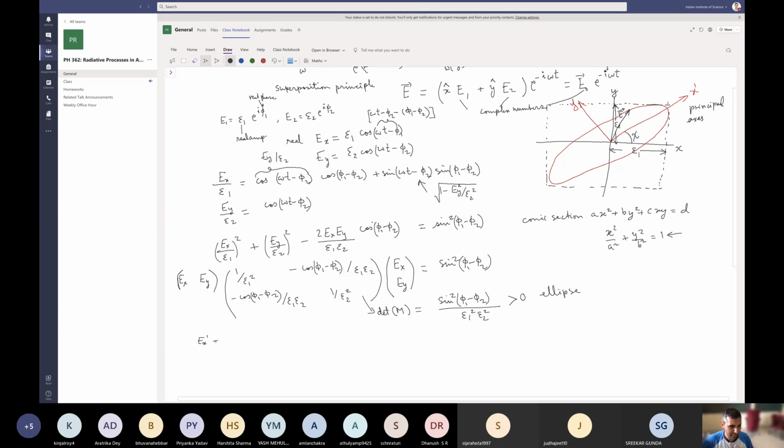Ex prime is nothing but Ex cos chi plus Ey sin chi, right? I'm just writing this x prime component of the electric field in terms of the x component and the y component. This is just like rotation of axes in some sense. Okay, and Ey prime is equal to minus Ex sin chi plus Ey cos chi.